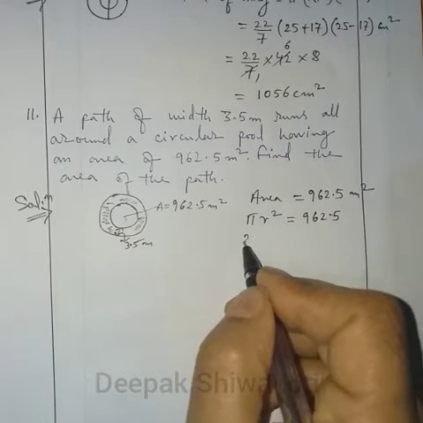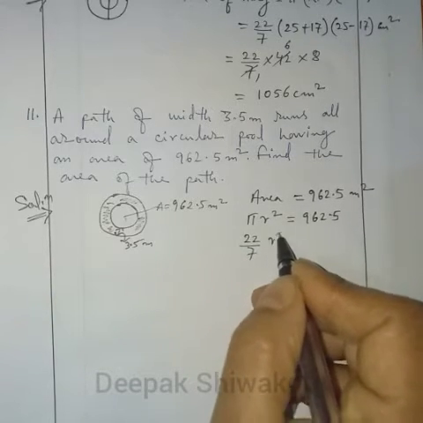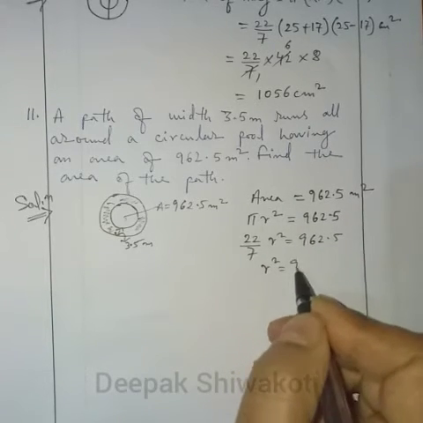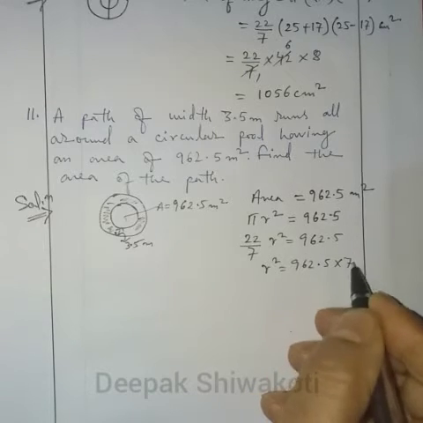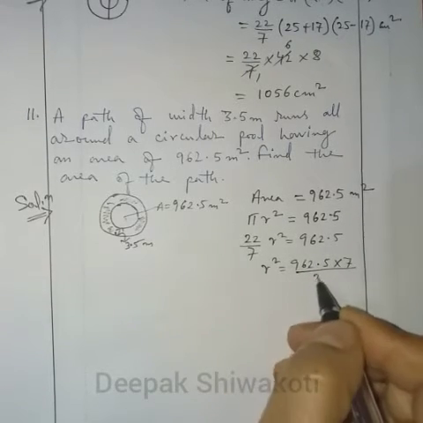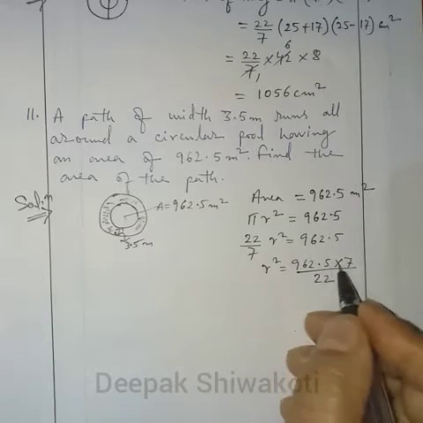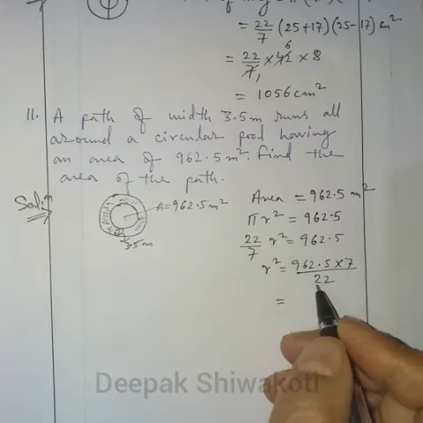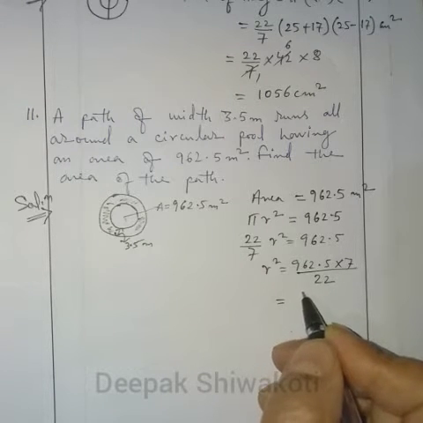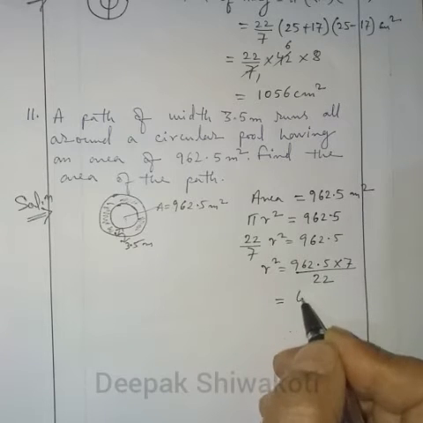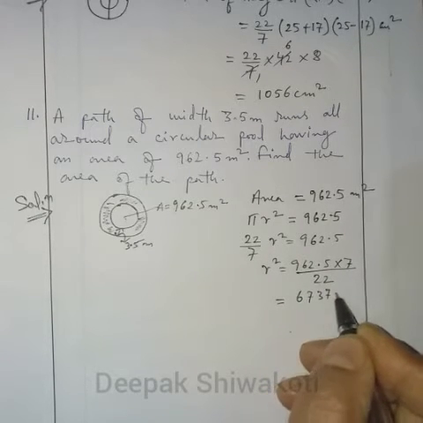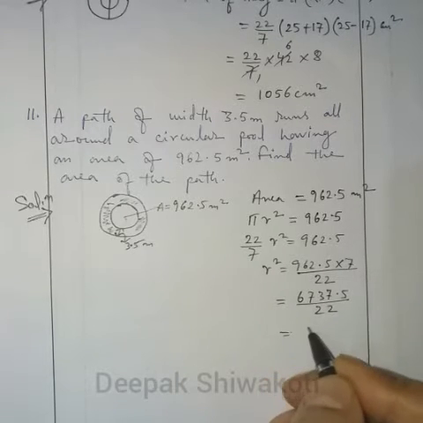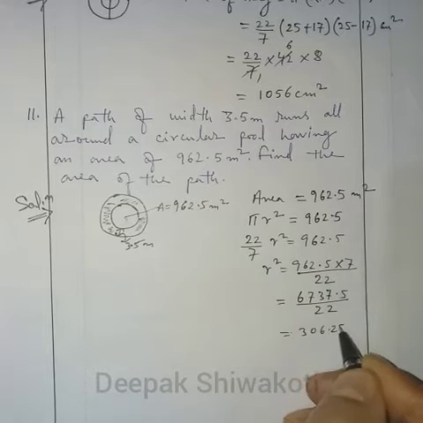This is 22 by 7 r square equals 962.5. So r square will be 962.5 into 7 by 22. Here you can multiply this and simplify. By multiplying we get 6737.5, and dividing by 22 we get 306.25.